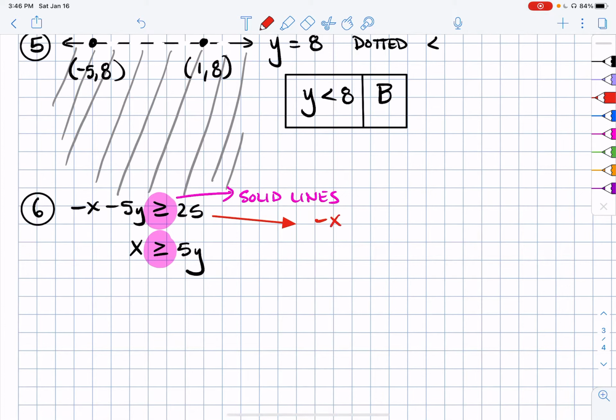So I got -x minus 5y is equal to 25. -5y is equal to x plus 25. Divide everything by -5, so y is equal to -1/5 x minus 5.